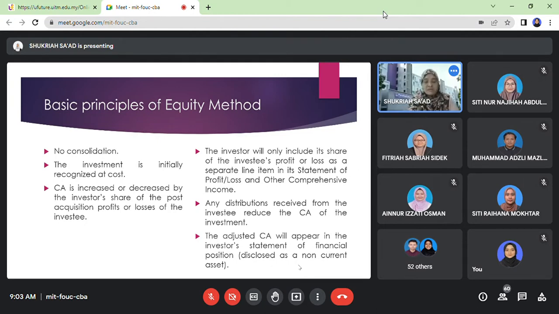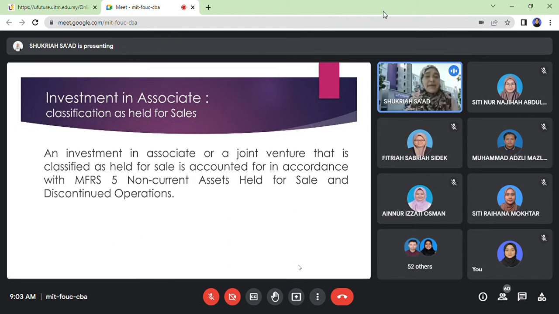Beside investment in associate which is not held for sale, we also have investment in associate which is classified as held for sale. What's the difference? Investment in associate held for sale means the period of holding the investment is actually only up to 12 months, meaning a short-term period.